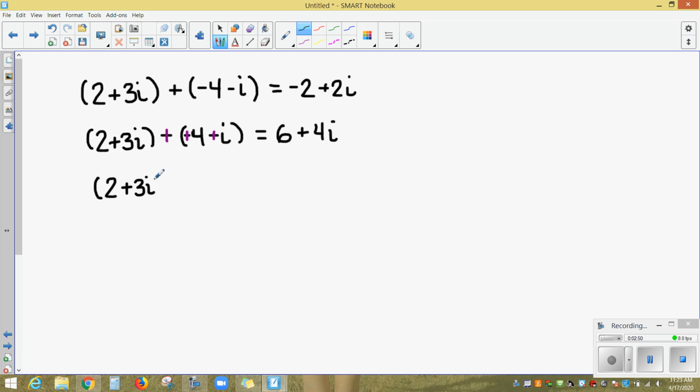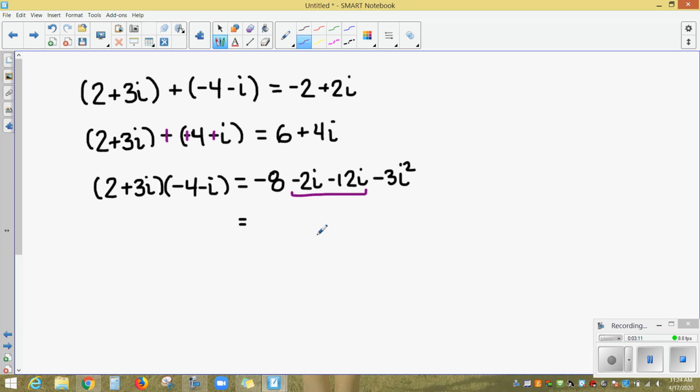Multiplying two complex numbers, we're going to distribute, or we're going to FOIL first. So our first terms, our outside terms, our inside terms, and our last terms. We combine our like terms as we usually do when we're dealing with polynomials.